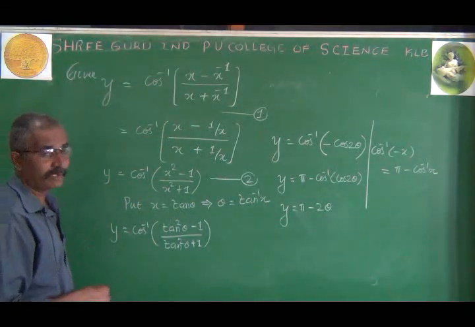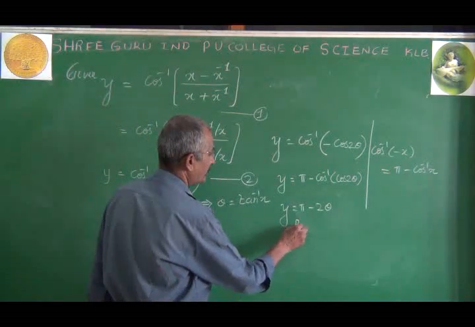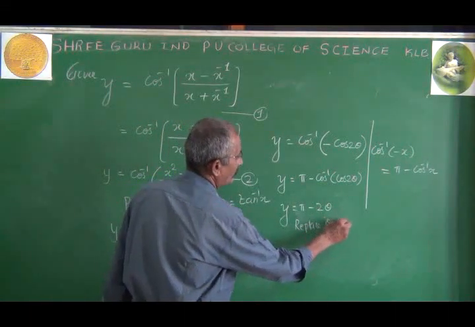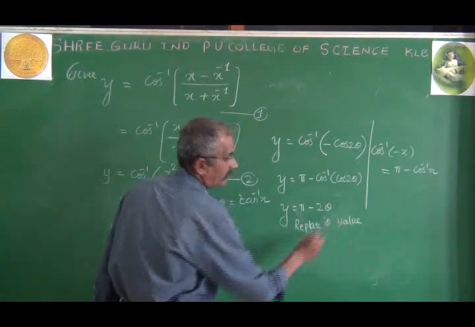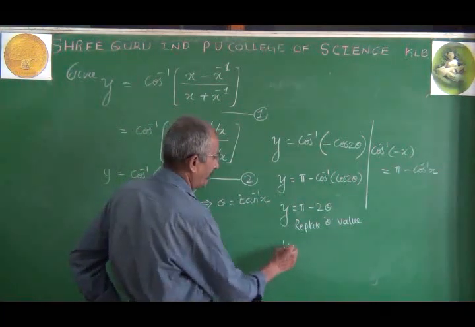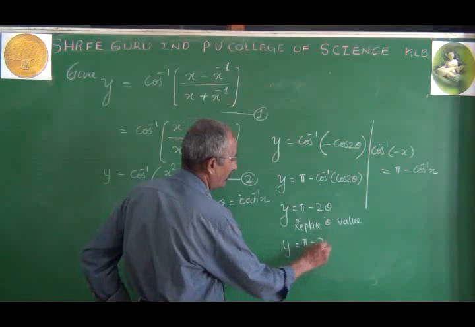Now replace back the value of theta. What is the theta value? Theta value is tan inverse of x. Hence, y equals pi minus 2 tan inverse of x.